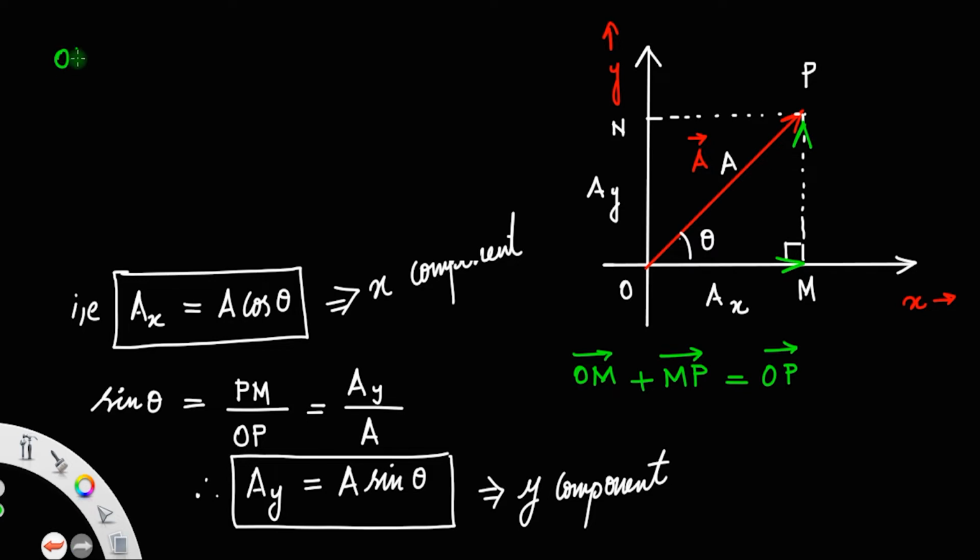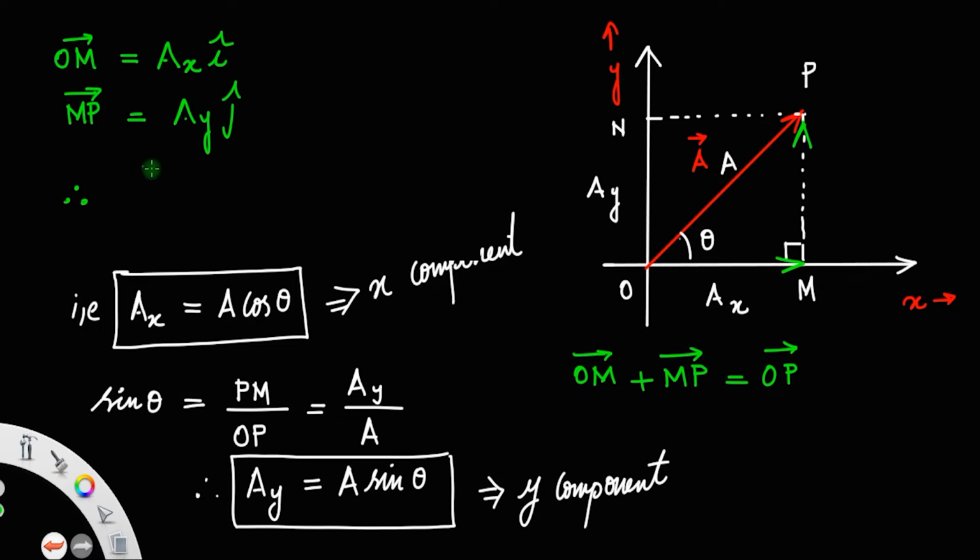Then we have the vector OM is equal to, the magnitude of this vector is AX, and it is along the x-axis, and the unit vector pointing in the x direction is i cap, so it is AX i cap. Similarly, MP is equal to AY, the length of MP is AY, and it is pointing in the positive y direction, so you can assign the j cap unit vector.